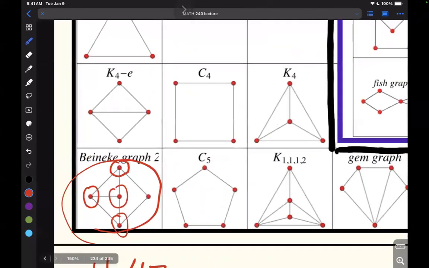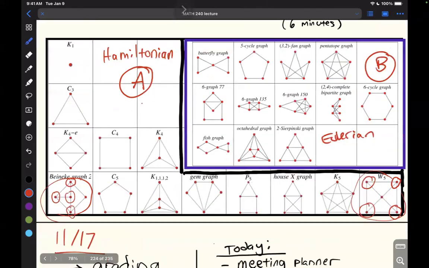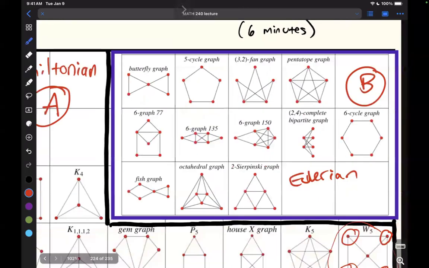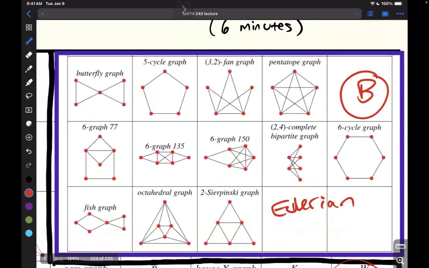And so because of that, this set of graphs can't be Eulerian. Now, some of these graphs are, like C4 certainly is Eulerian, but not all of these graphs are. And so we could go through and prove for each of these: what's the degree of all of the vertices? Are there any odd vertices? That's how we would reason about it.